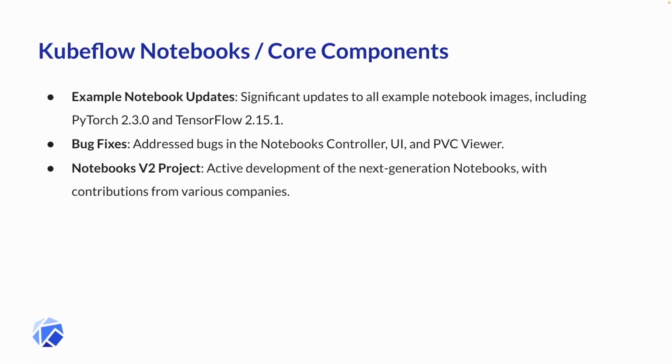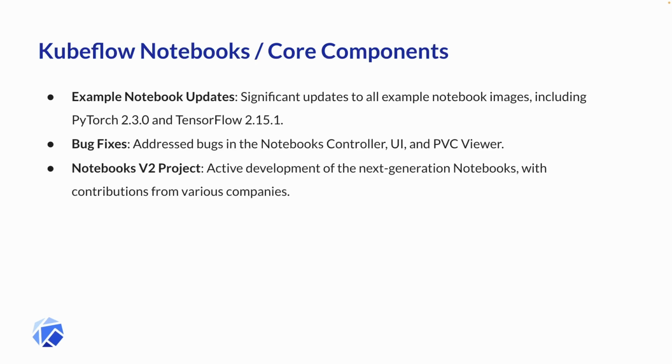These are the updates from the Kubeflow Notebooks working group and core components. First, there are significant updates to all the example notebook images, including version upgrades to PyTorch 2.3.0 and TensorFlow 2.15.1. The working group addressed several bugs in the notebook controller, in the UI, and in the persistent volume claim viewer.